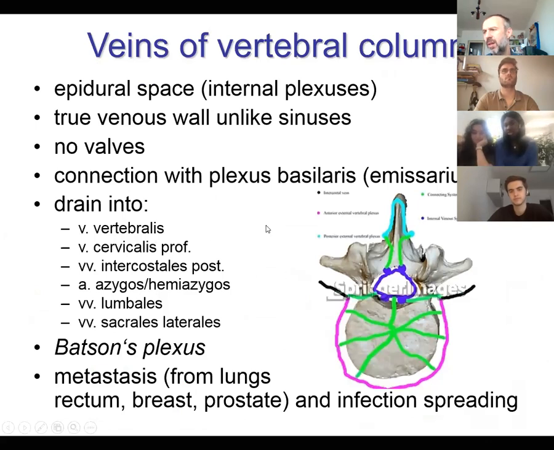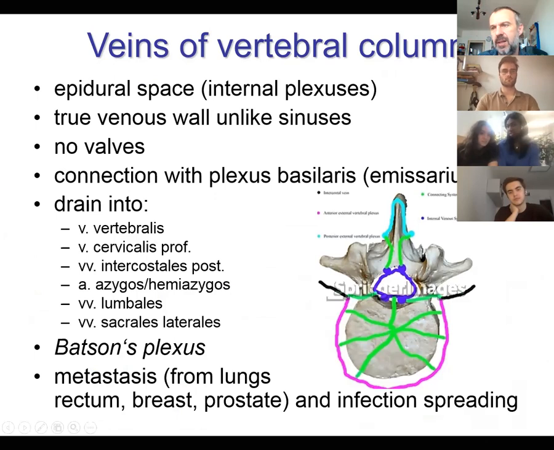And it's very important that it can serve for spreading of inflammation and mainly spreading of metastasis. Yeah? And if you find a metastasis in the vertebra, you have to look for a tumor, but you usually look for a tumor of the lung, of the rectum, of the lungs, of the breast.